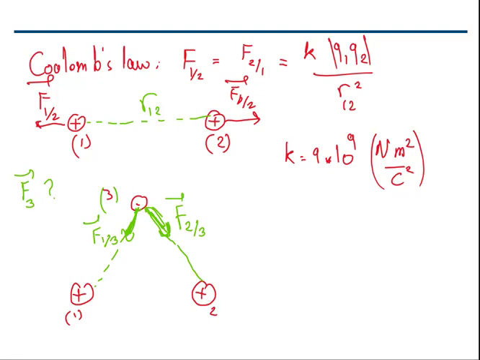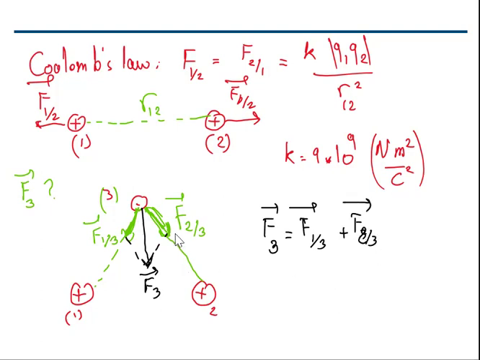According to the superposition principle, the force applied on the charge 3 is the vector sum. We draw the parallelogram formed by these two vectors, and this is our vector F3. Regardless of the sign of the charge or the amount of charge, the vector sum is F1 on 3 plus F2 on 3.